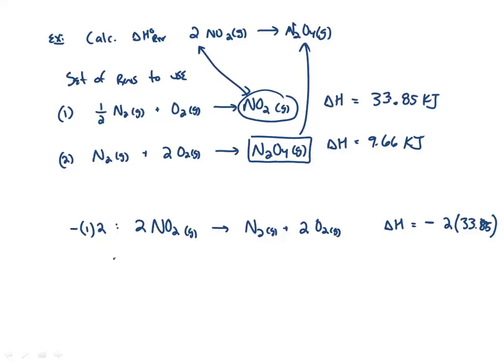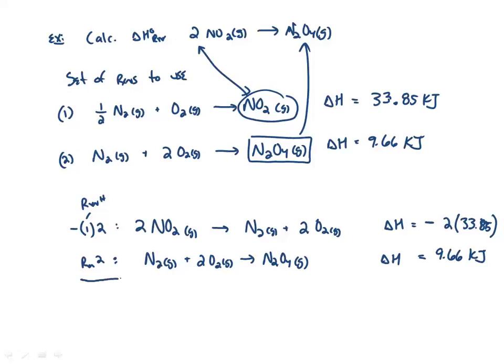So now I'm going to take just reaction 2. I've got N2 gas plus 2O2 gas goes to N2O4 gas. And since we didn't do anything to that reaction, it just stays as 9.66 kilojoules.